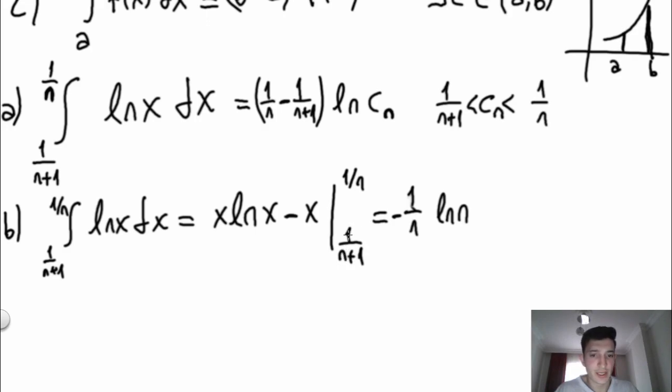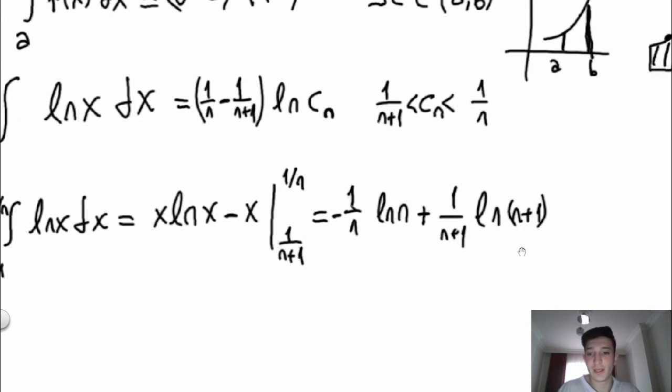So I have 1 over n plus 1, 1 over n plus 1. From the bounds, this thing is just going to get minus 1 over n plus 1 and ln of 1 over n plus 1. So I can also flip this thing, and I'm going to get another minus. So this thing is just going to be plus ln of n plus 1. Okay. And the other two terms are easy, so I'm going to get minus 1 over n, and the other one is going to be plus 1 over n plus 1.